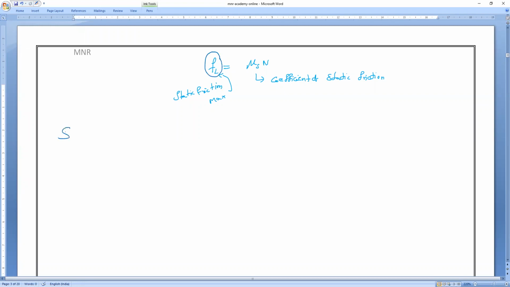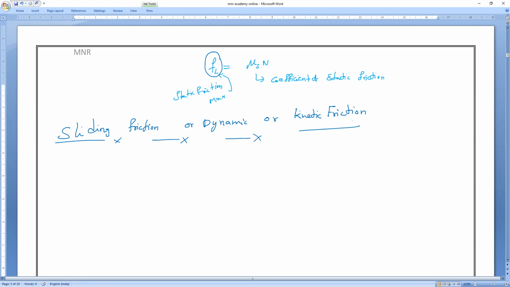Okay. Then in yesterday's class, I taught you sliding friction. So sliding friction, what is another name? Sliding friction we can also call dynamic friction, or we can say kinetic friction. Here they are in motion, meaning one surface is sliding over another surface.